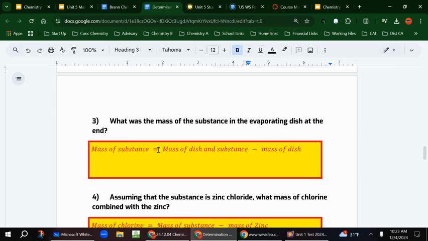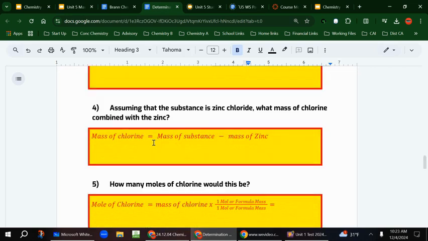So then next, we know that substance is zinc chloride. So we need to find the mass of the chlorine that reacted with the mass of the zinc. So the way we are going to do that, we are going to take the mass of the substance that we got in number 3 minus the mass of the zinc that we got earlier.